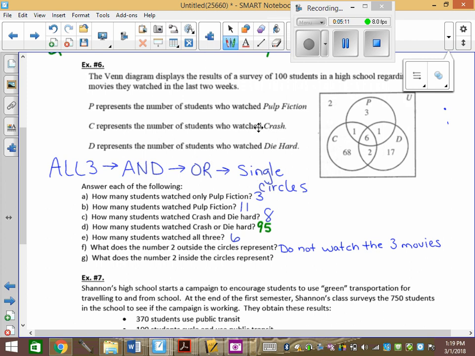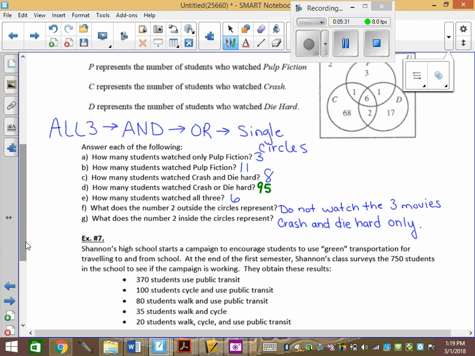Only watch Crash and Die Hard, or watch Crash and Die Hard only. Okay?